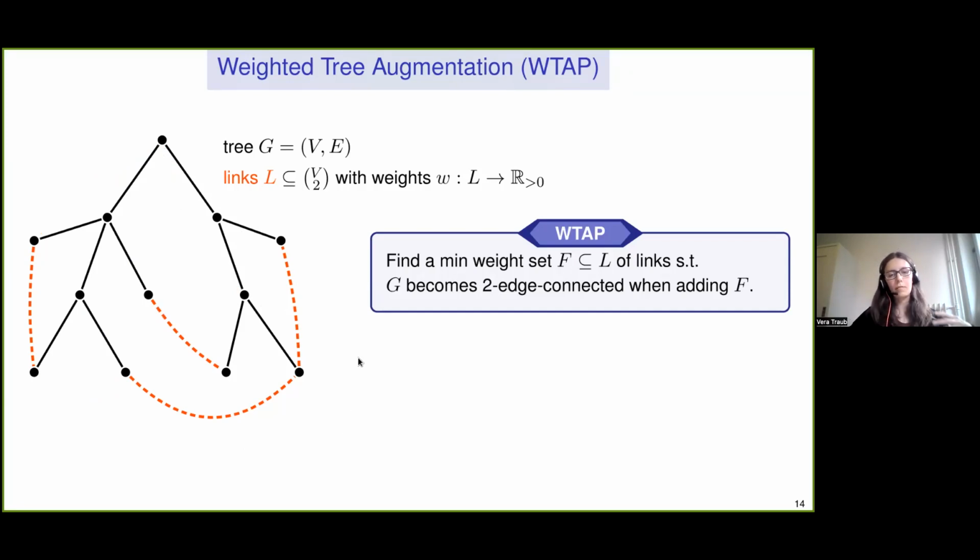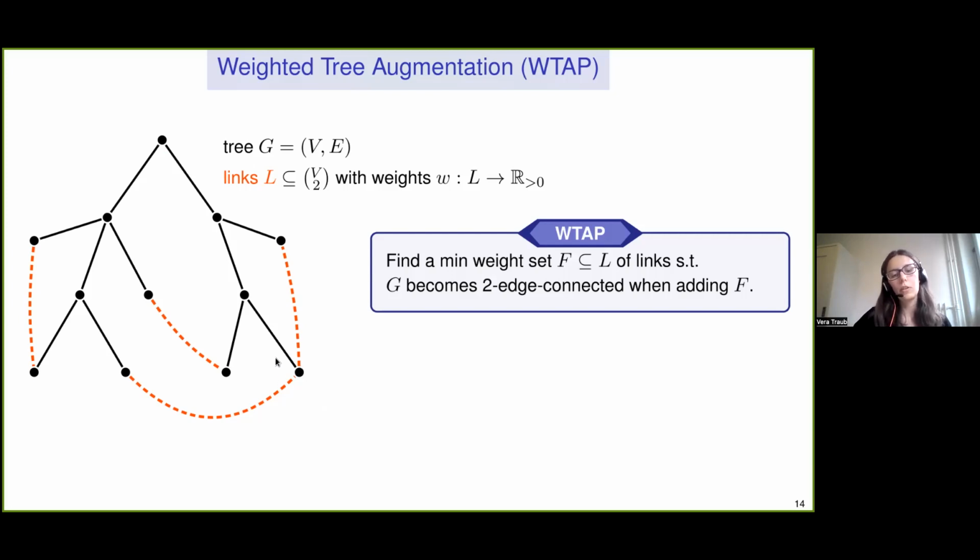Now, when we want to design algorithms for weighted tree augmentation, it is often useful to view this problem from a slightly different perspective, namely to view WTAP, the weighted tree augmentation problem, as a kind of covering problem. Remember that our goal is essentially to cover all of the min cuts of our tree G by links.